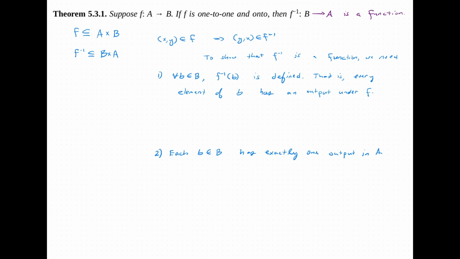The first statement we need to prove is that for every b in the set B, f inverse of b is defined. Well, this one is given by the fact that f is onto.